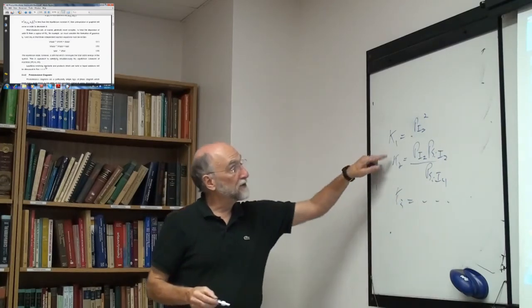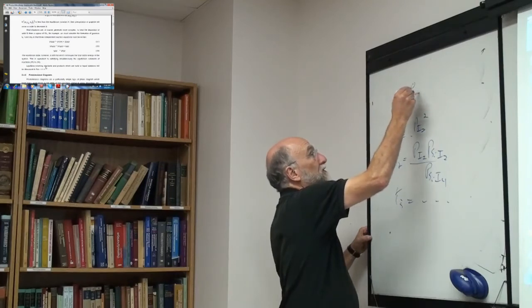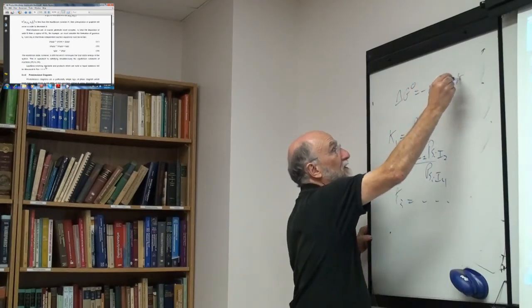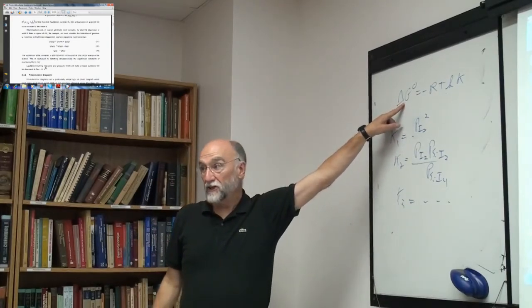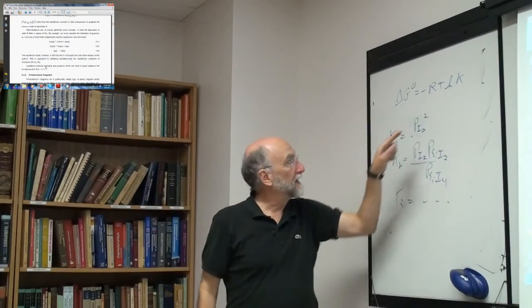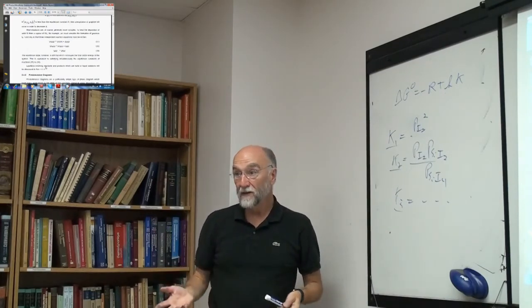All of these 3 Ks I can determine from delta G0 is equal to minus RT log K. So for each one of these 3 reactions, I get delta G0 from the literature, and I can obtain numerical values for each of these K1, K2, and K3.